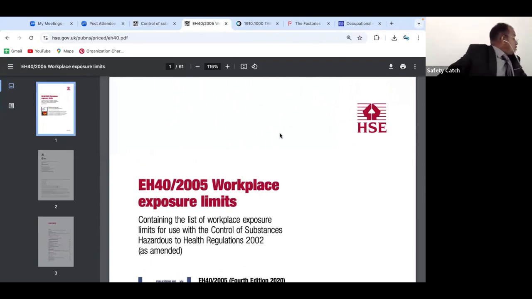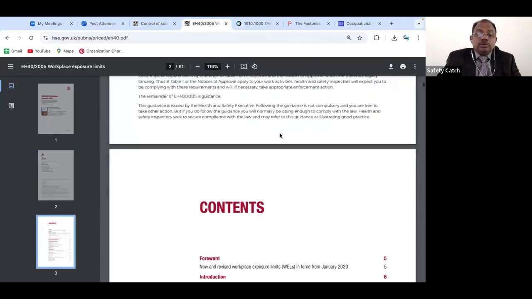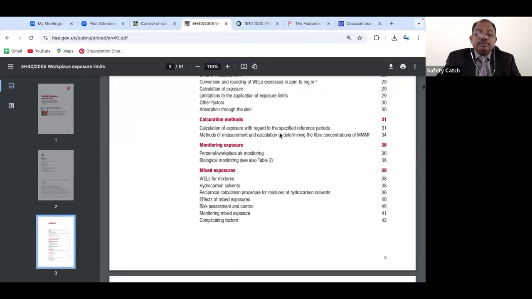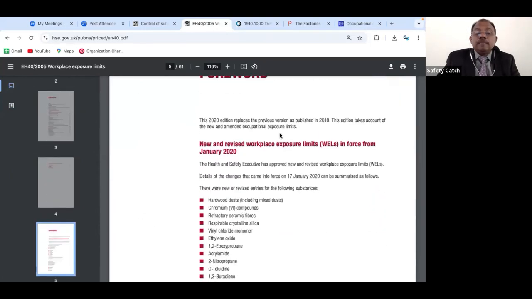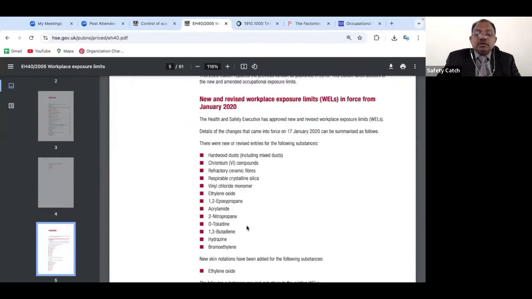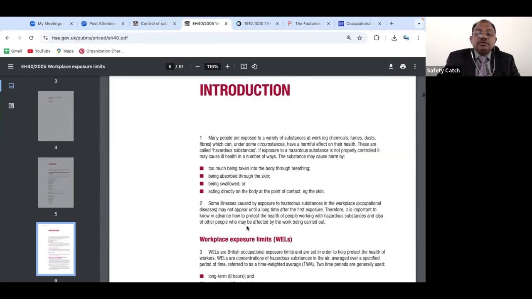Now in this table, you go down, and the contents will come. Then certain things I will explain to you. Some revision is coming up, and some exceptions.